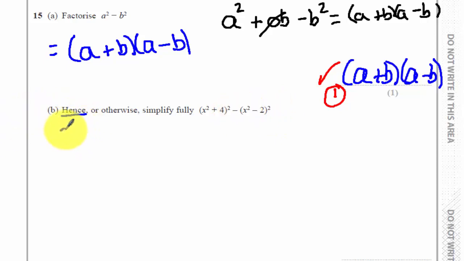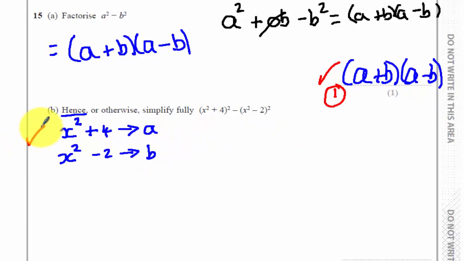So the easiest way is to say x squared plus 4 I'm going to call a, and x squared minus 2 I'm going to call b. And that process picks you up a mark.